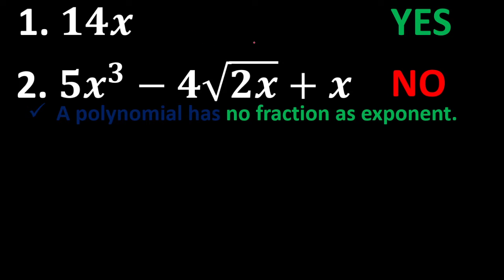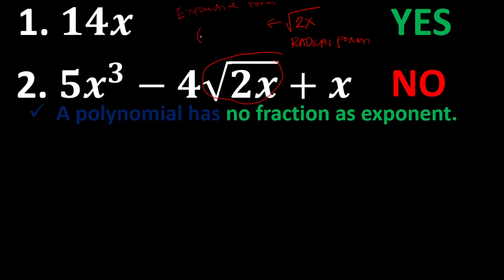So observe this. We have the given expression square root of 2x. This is what we call the radical form. In a given radical form, it has an equivalent exponential form. So this expression can be converted into its exponential form. What is the exponential form of square root of 2x?